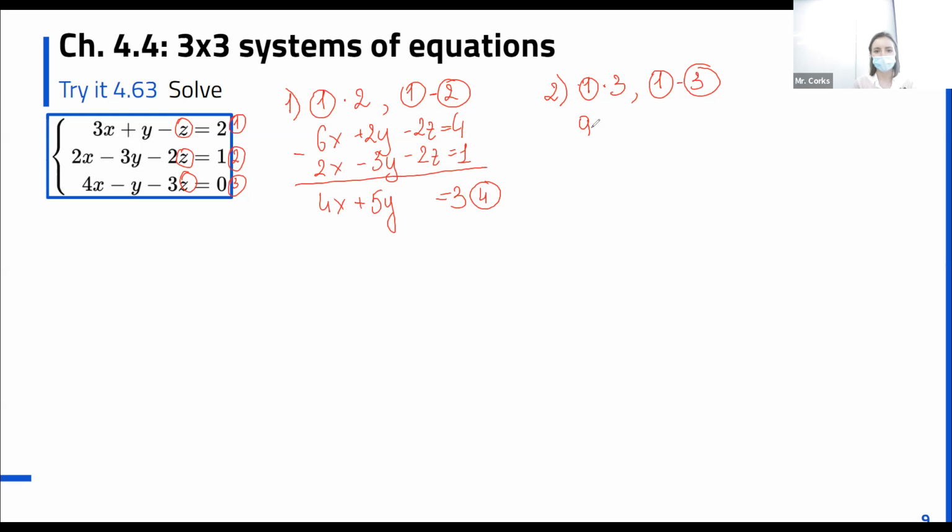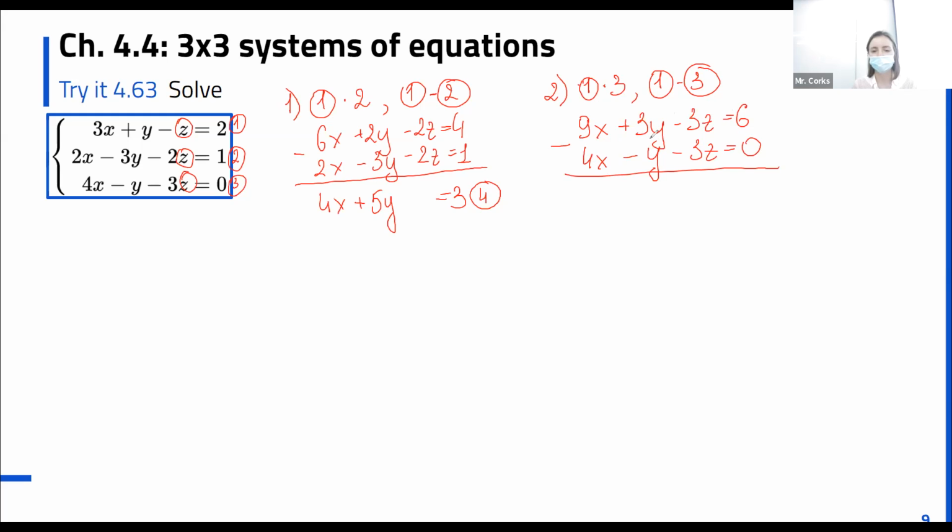We will have 9x plus 3y minus 3z equals 6. Then we need to subtract, and we have 4x minus y minus 3z equals 0.